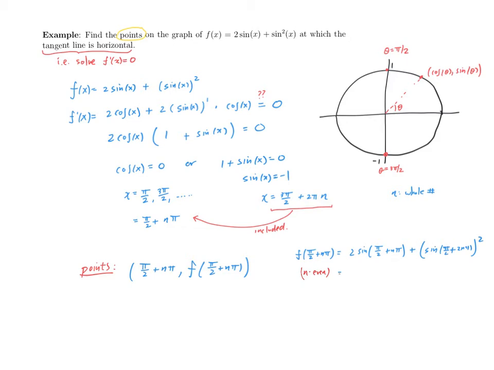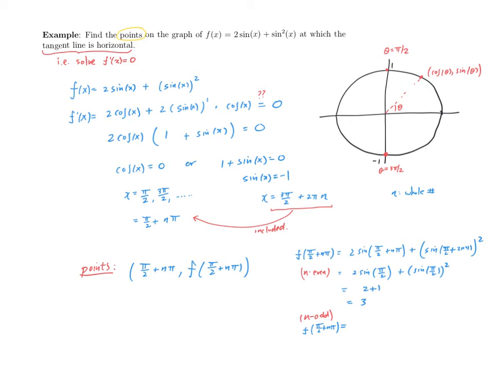So let's just kind of note, if n is even, then this is going to be equal to 2 sine of pi over 2, just by the period of sine, plus sine of pi over 2 quantity squared, which equals 2 plus 1, which is 3. But let me note, similarly though, if n is odd, then f of pi over 2 plus n pi, this pi over 2 plus n pi when n is odd, is going to give us the 3 pi over 2 case.